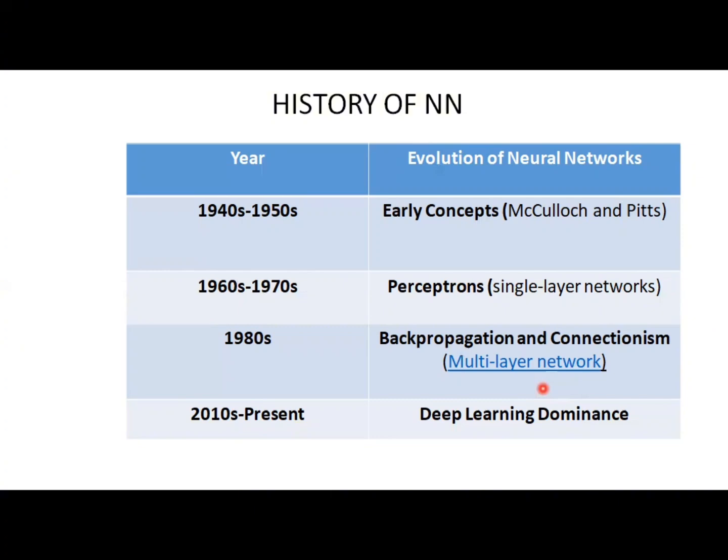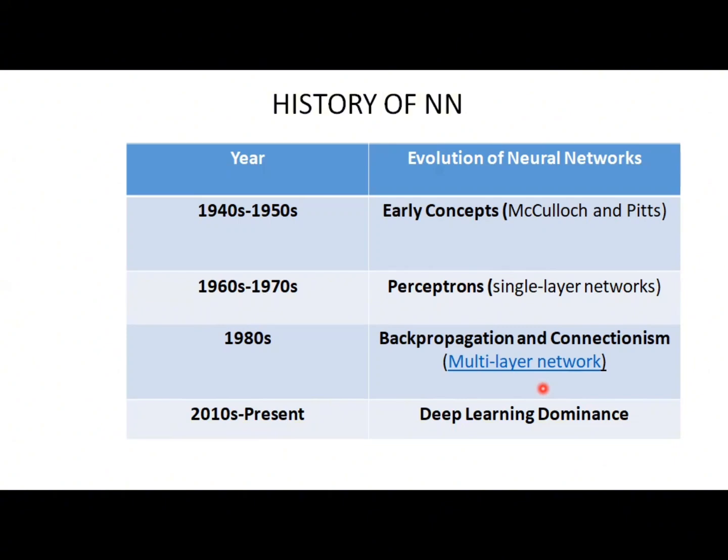Early concept to perceptron, perceptron to back propagation to deep learning. Nowadays, we are using deep learning algorithm as a main and major tool of neural networks for maximum sector. So nowadays, deep learning is the most emerging algorithm in neural networks.